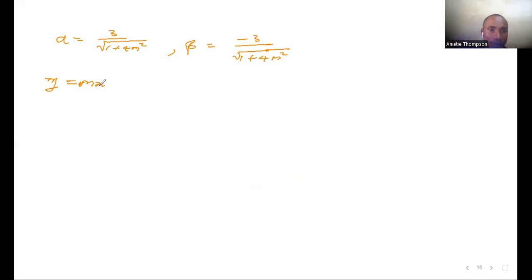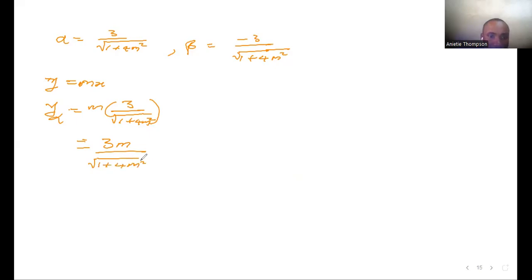Corresponding to alpha, when alpha equals this, we can say the y value for alpha, let's call it y alpha, will be equal to m into 3 all over the square root of 1 plus 4m squared. And that will give us 3m all over the square root of 1 plus 4m squared.